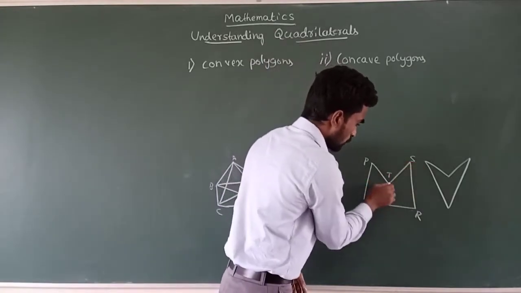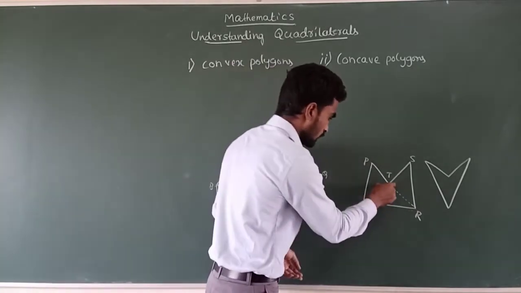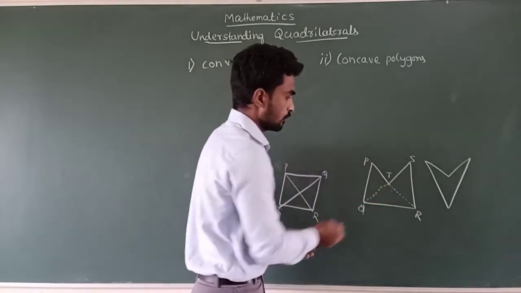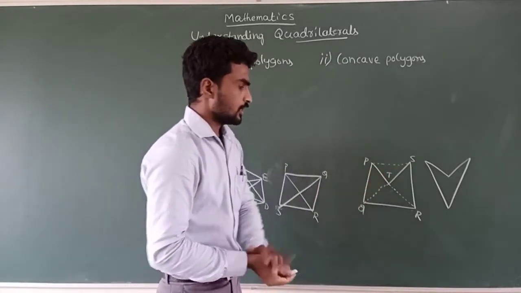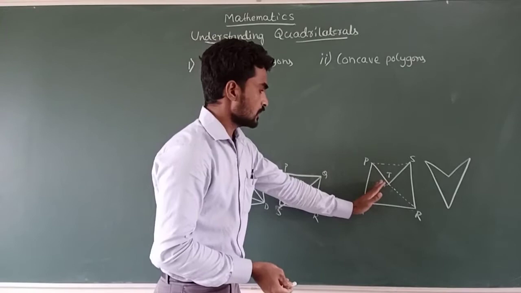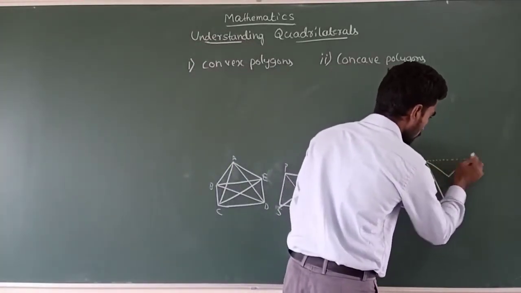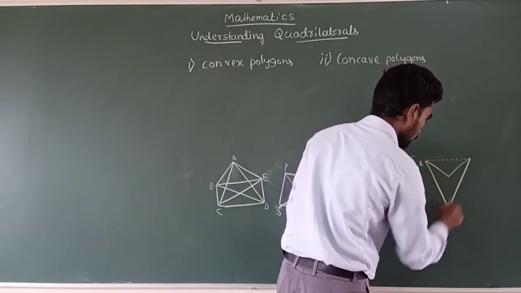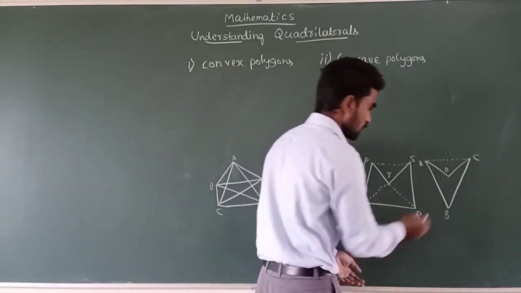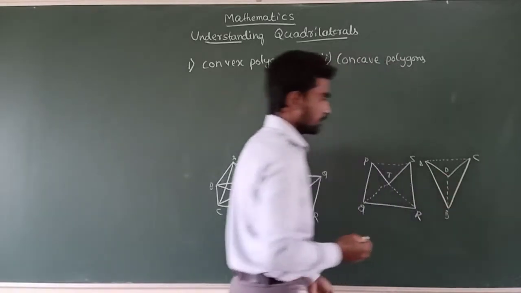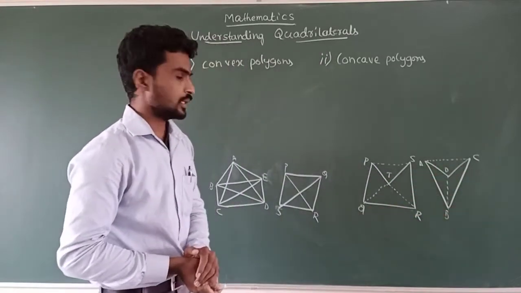Therefore, now draw T to R, T to Q, and P to S. There are three diagonals for this polygon. And also for this one, A, B, C, D: here AC are two non-consecutive points, and also BD. These two are the diagonals for this polygon ABCD.